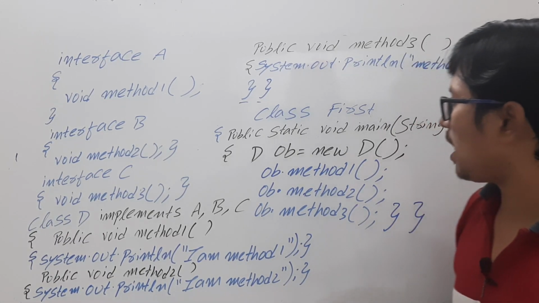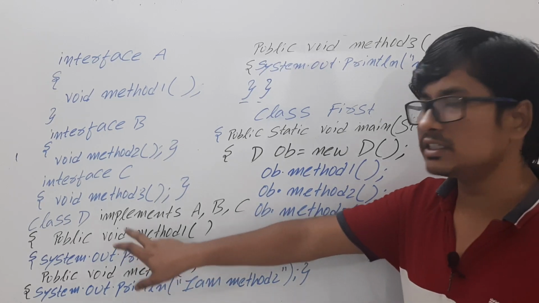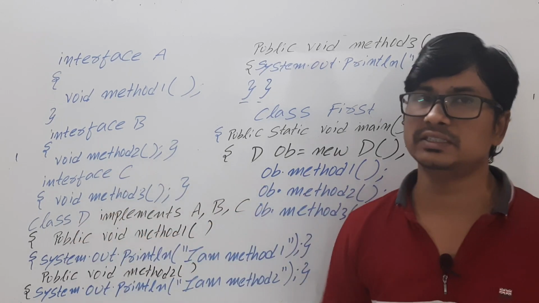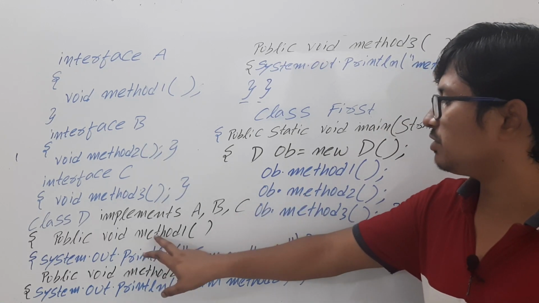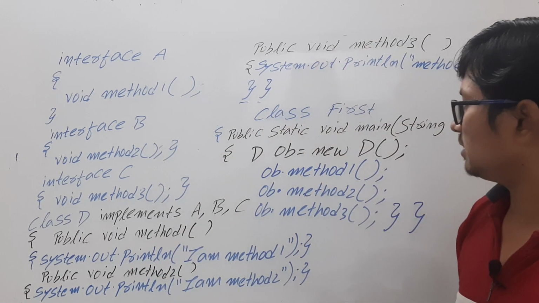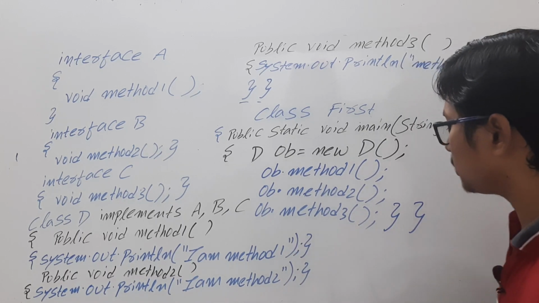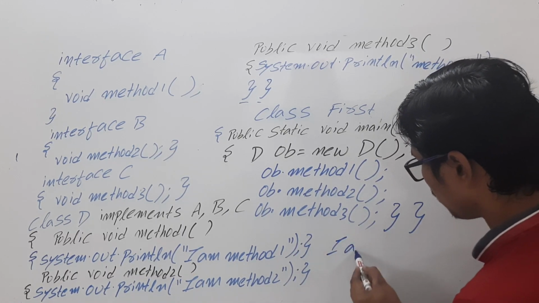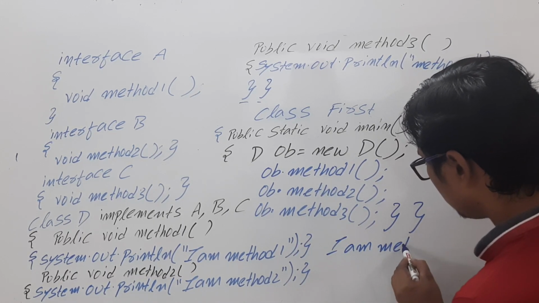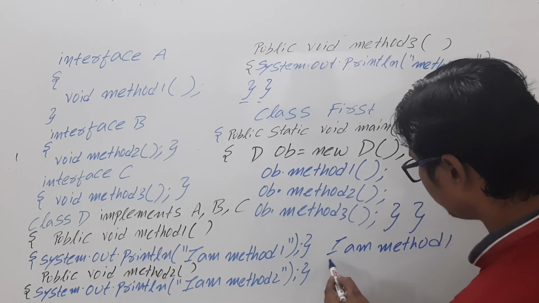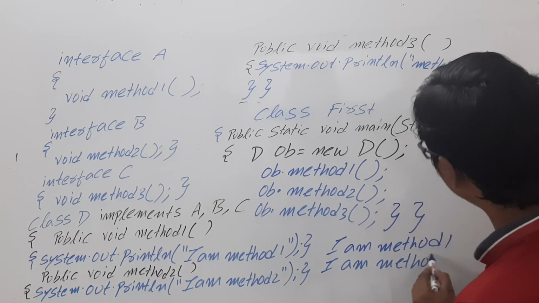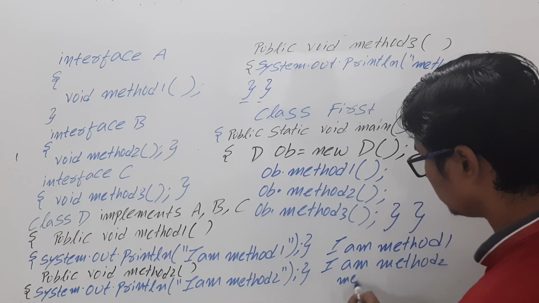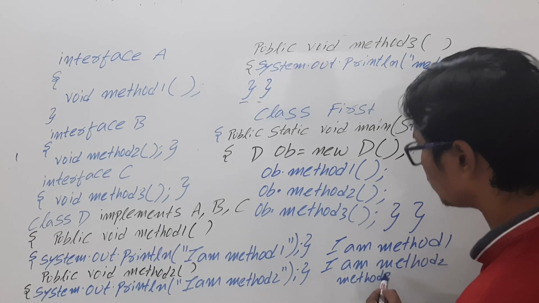So what will happen? If there is no implementation in the class D, then obviously it will give an error. But as there is an implementation for method 1, method 2, method 3, you will get the output as I am method 1, and then I am method 2, and then method 3. So this is the output you will get.